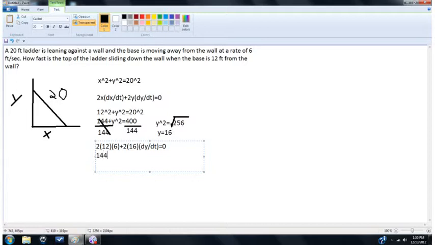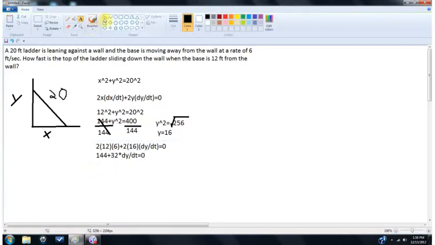This gives us 144 plus 32 times dy over dt equal to 0. And we isolate.